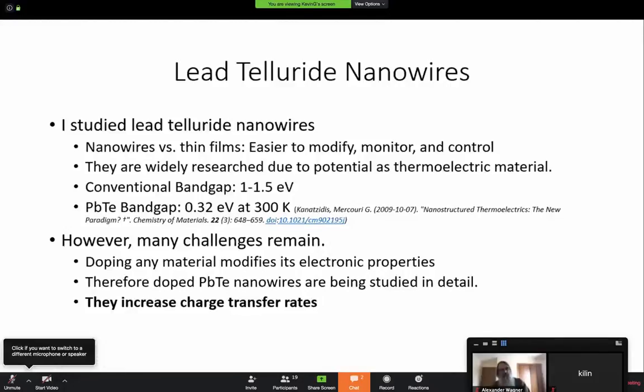So that is a big difference. The band gap is smaller, and that's a really good thing. That's one of the main reasons why lead telluride nanowires are being looked at.